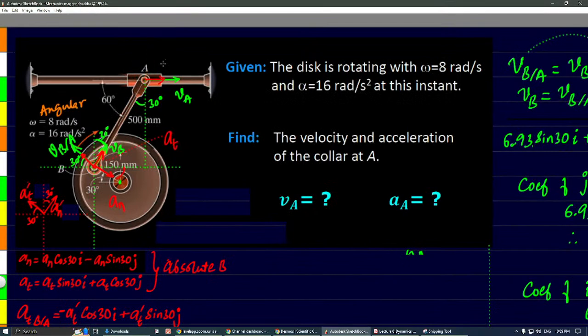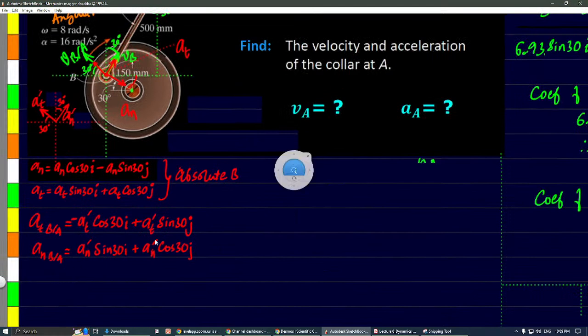It will have only tangential acceleration, and let us call it AA. So AA, because it is in x direction, you can just multiply i.